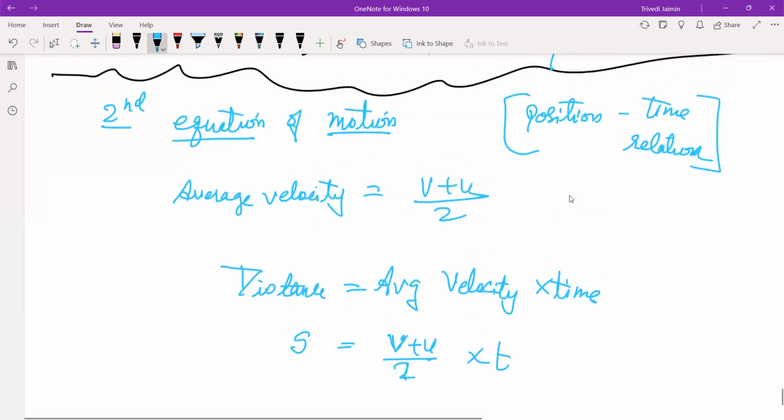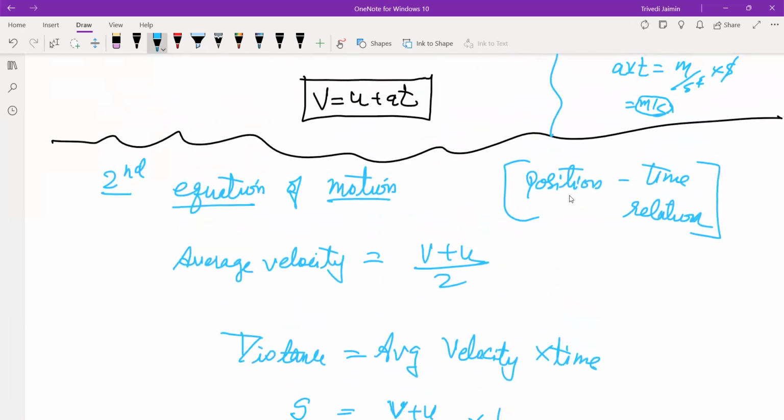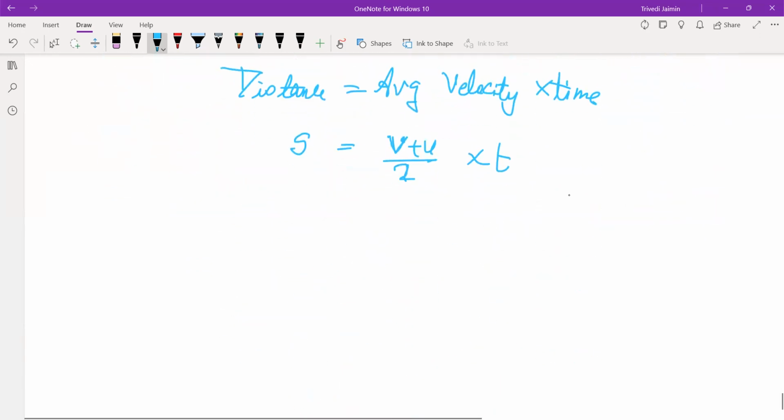So V we already got from the first equation. Let's name it as number 1. Let's substitute the V value. Come on, start doing. Don't wait for me. Distance equals average velocity into time.